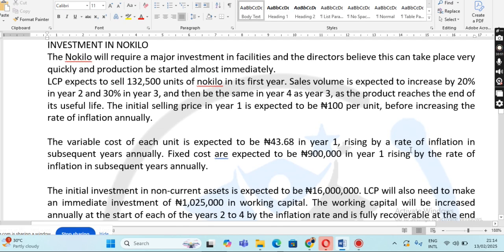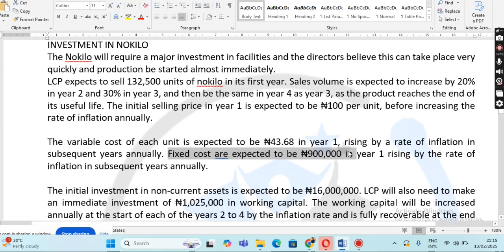Let's do our workings. Now, don't forget that you do your sales. They made mention of variable cost here, is that not so? And there is sales, the selling price here. And there is fixed cost. Sales minus variable costs, minus fixed costs.